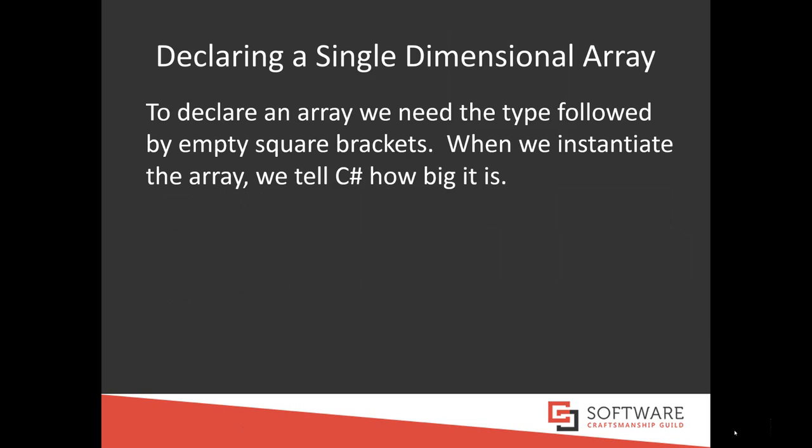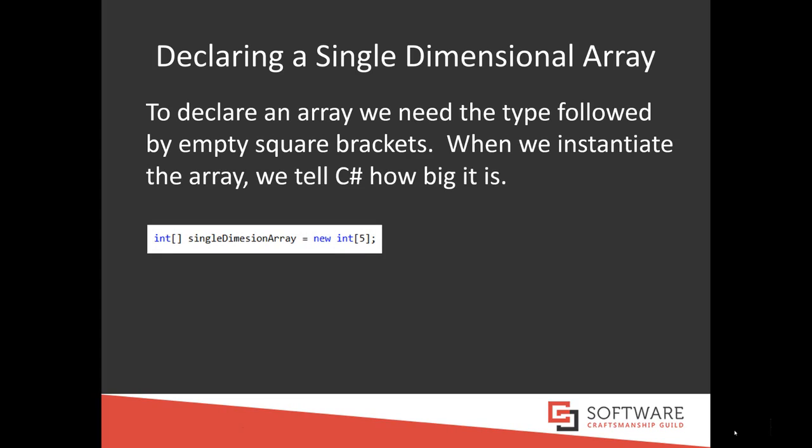If we want to declare a single dimensional array, we need to tell it what type it is, and then put square brackets right after the type. So when we instantiate the array using the new keyword, because it is a reference type just like a class, we're going to tell C# how big it is. So let's look at the code.